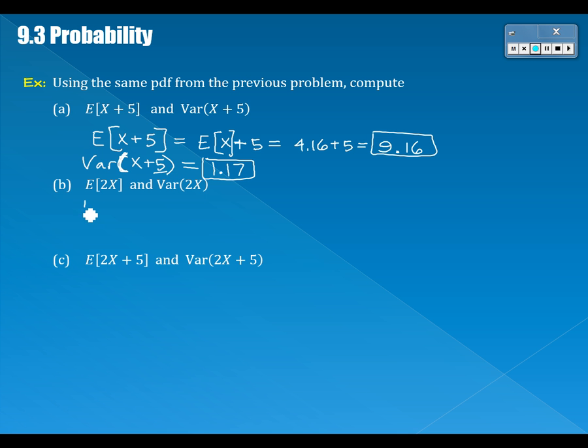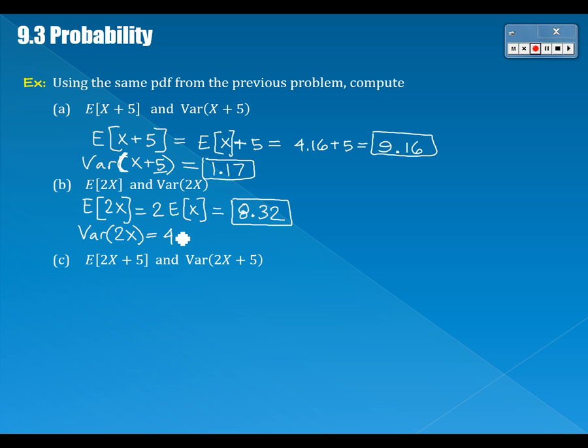Okay, what about the expected value of 2 times x? Well, that'd be the same as 2 times the expected value of x, which is equal to, and I'm actually going to use the full value in my calculator again here. Bear with me for a second. 8.32. I guess that's exactly what we'd expect, right? That's 4.16 times 2. And the variance of 2 times our random variable will be not 2, but 4.